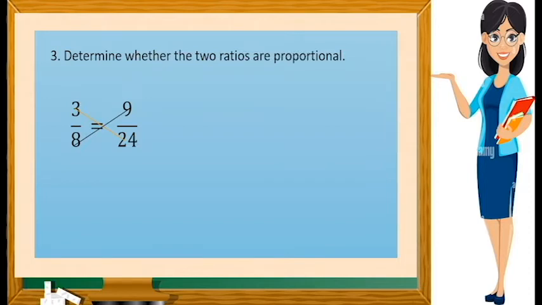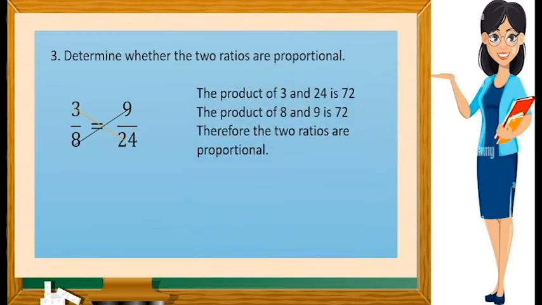And the two means, 8 and 9, is equal to 72. Are they proportion? Yes, correct. The two ratios 3 is to 8 and 9 is to 24 are proportions.